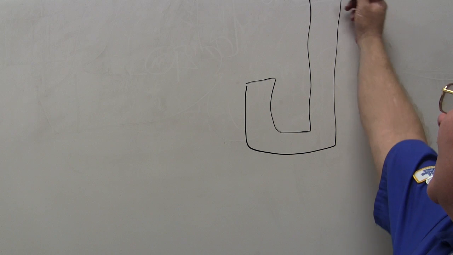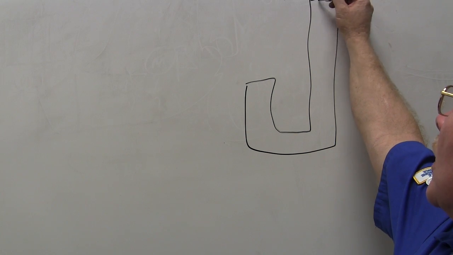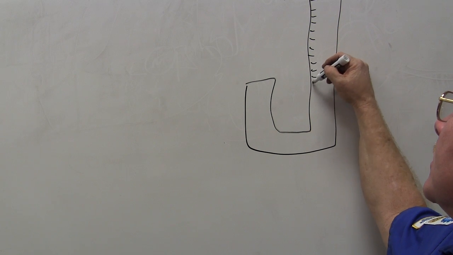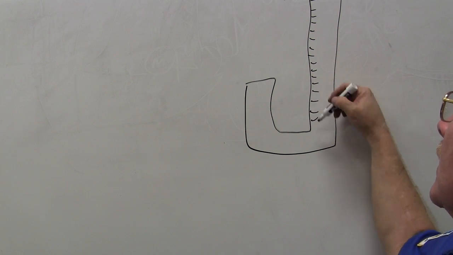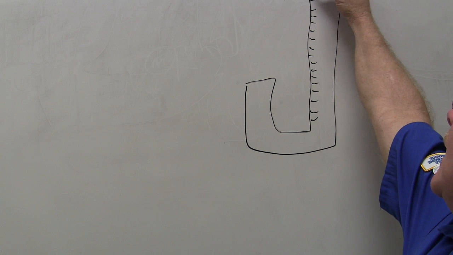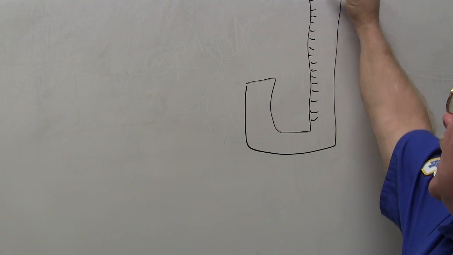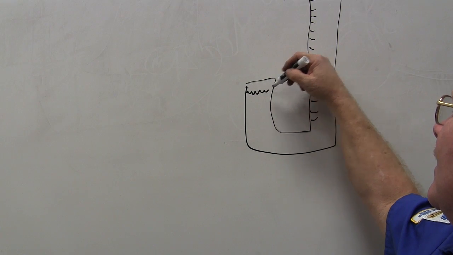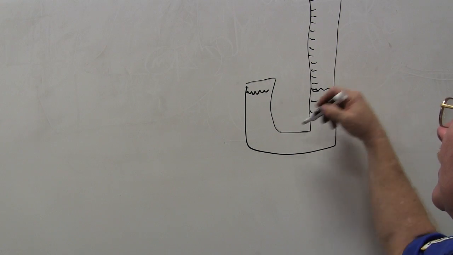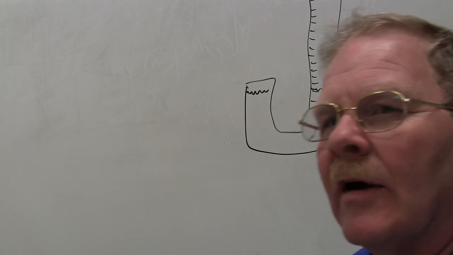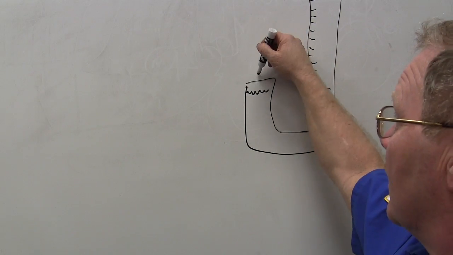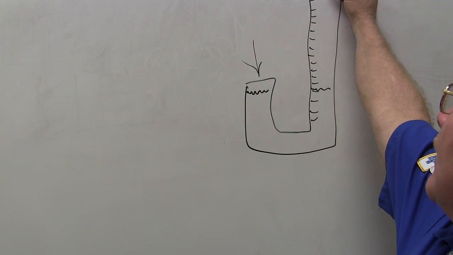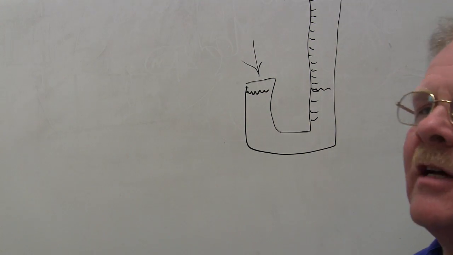Right? And imagine you've got this thing marked in graduations. 1-inch graduations. Who knows how many you've got there. And imagine this is capped off. And here you've got mercury, in a sort of U-shaped tube, right? You've got atmospheric pressure pushing down here, and you haven't capped this off yet, so atmospheric pressure is pushing down here.